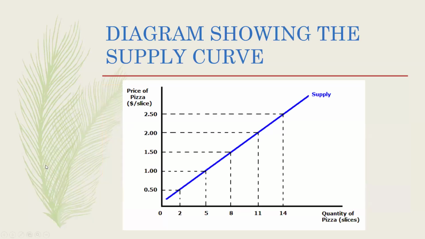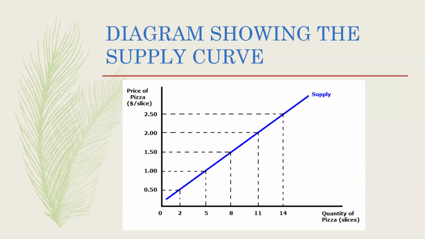So let's take a look at how this curve looks. We have here on the screen a diagram showing the supply curve. Let me pinpoint a few things that you need to be very mindful of when you are drawing any curves in economics. First of all, we have the title, the heading of our curve, which is diagram showing the supply curve.